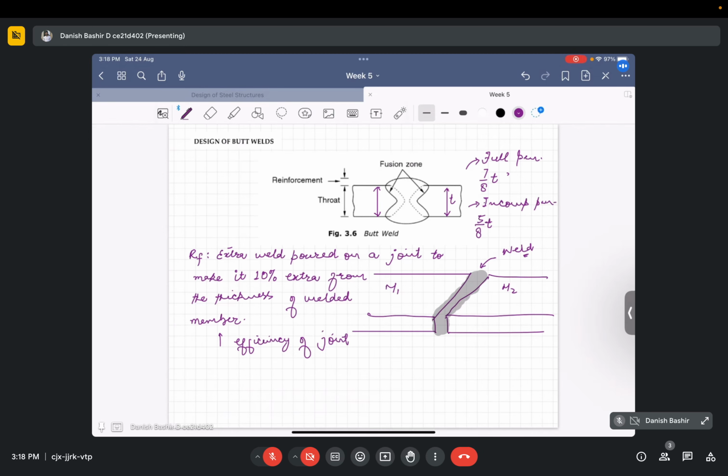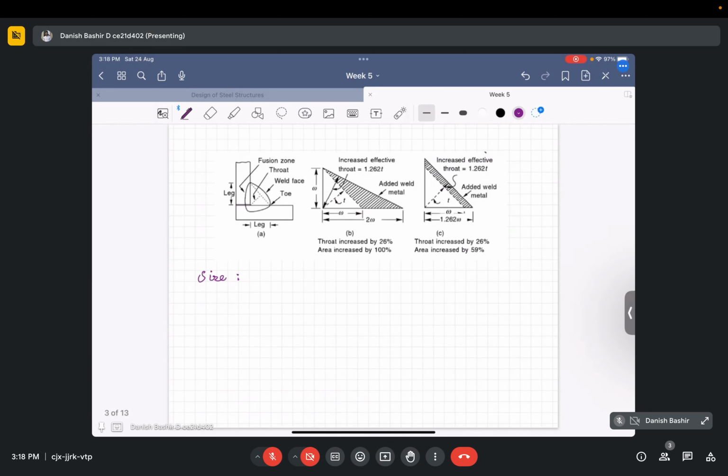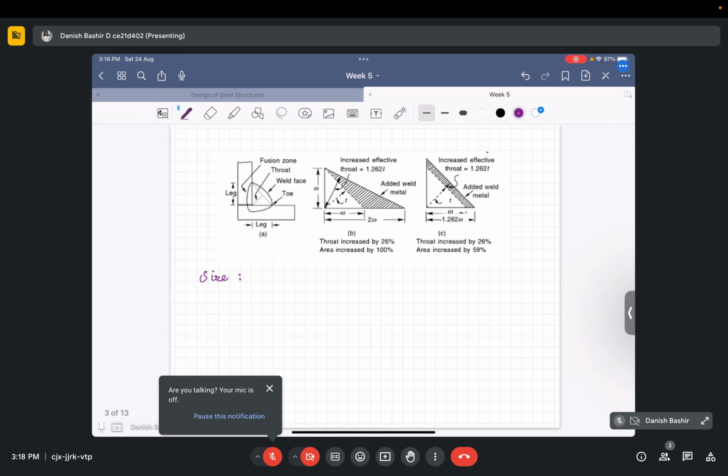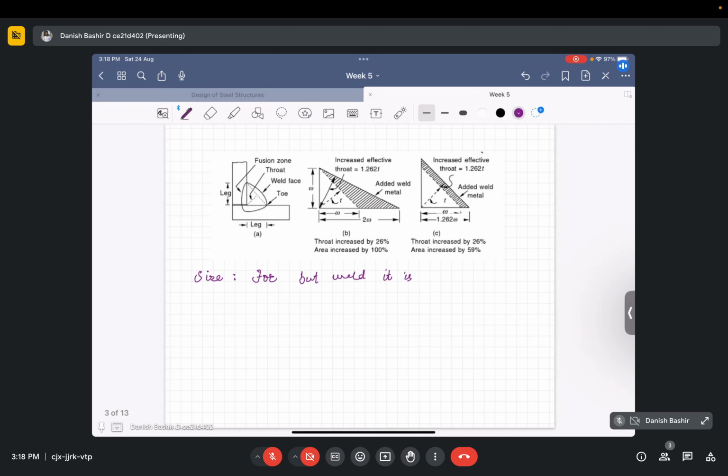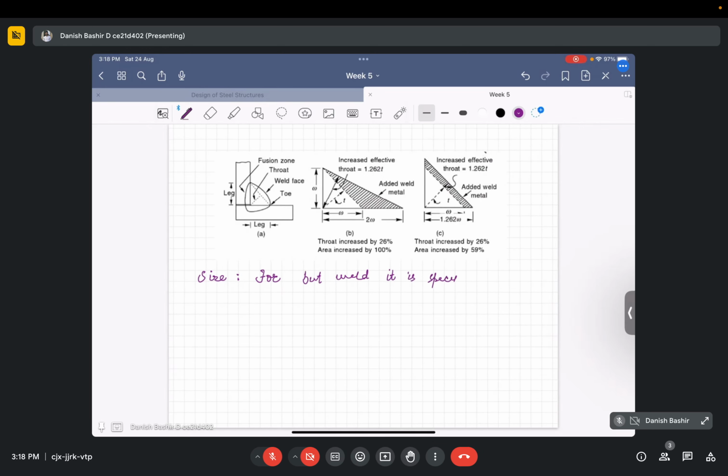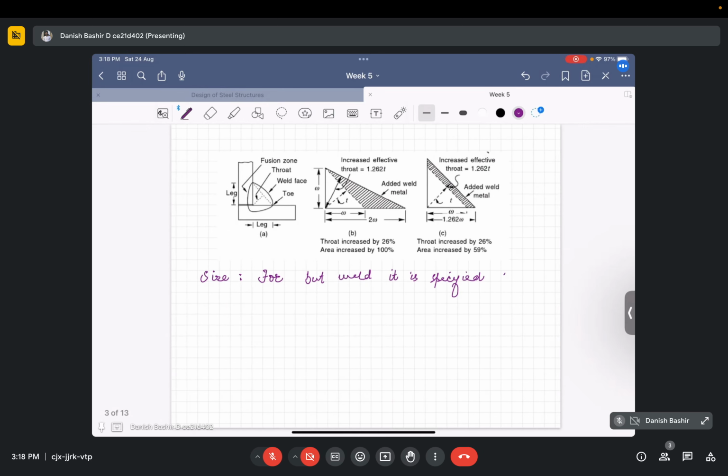The size for butt weld is specified by the throat dimension.